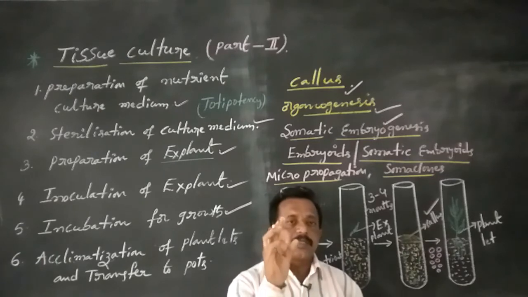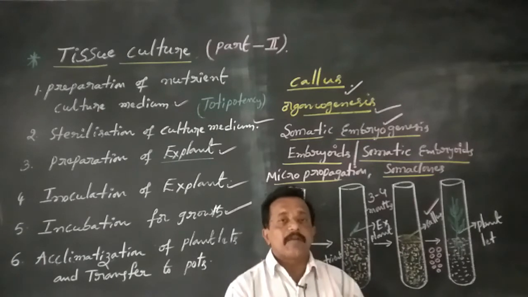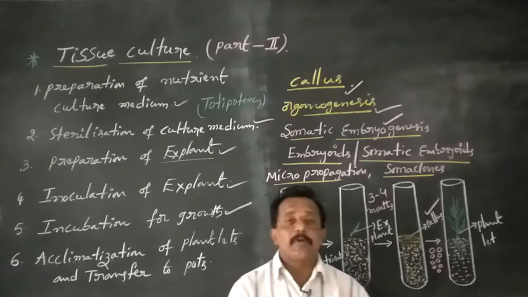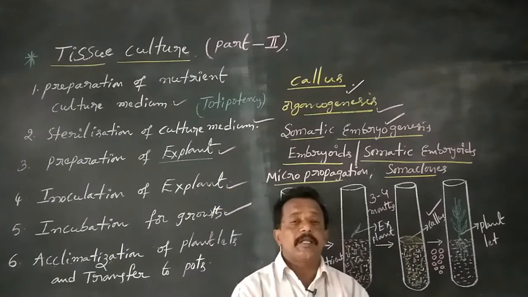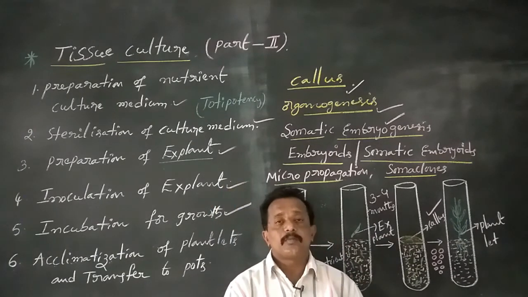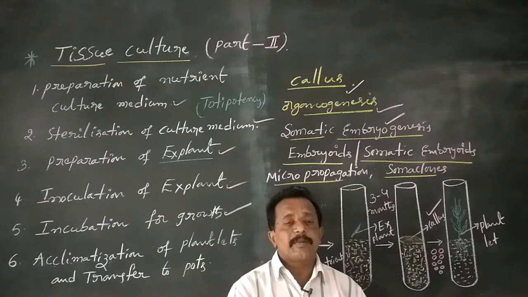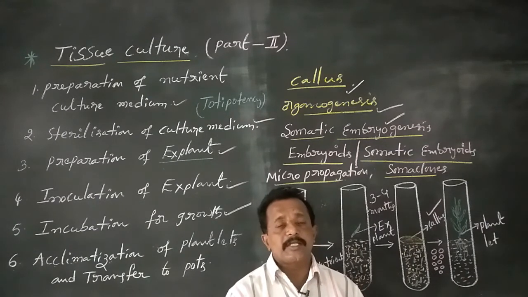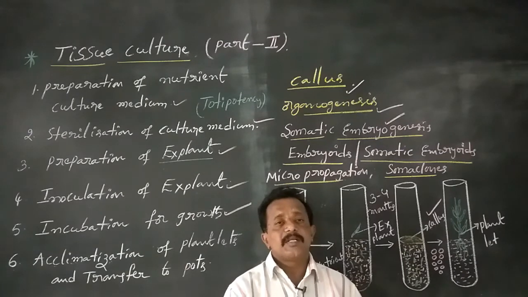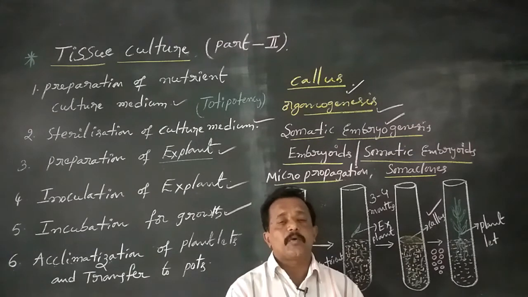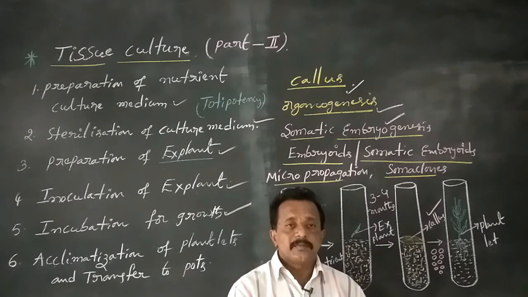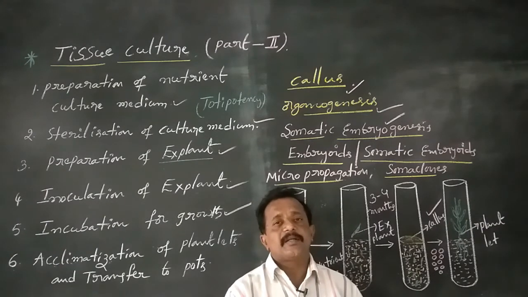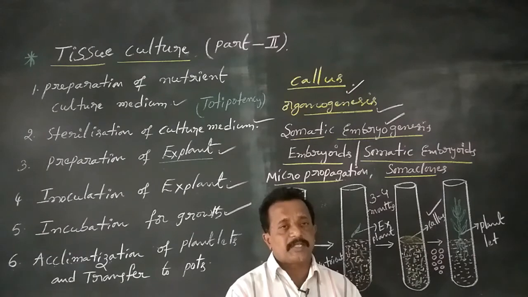So somatic embryos will be developed in the tissue culture process, and somatic embryos are easily multiplied. So these plants are easily grown in the tissue culture process.